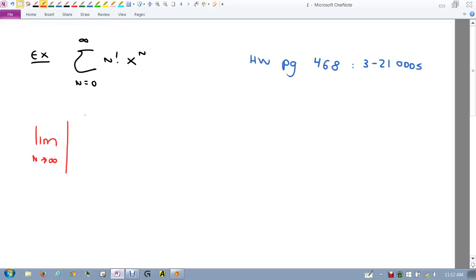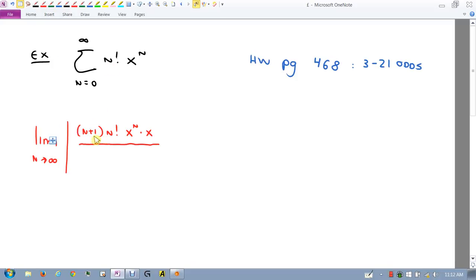First, you plug in n plus 1. So again, let me see how quick we can do this. N plus 1 times n factorial x to the n times x over, so I replaced n with n plus 1. N plus 1 factorial is n plus 1 times n factorial.